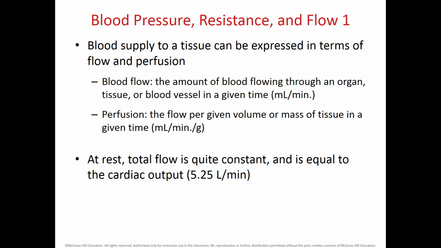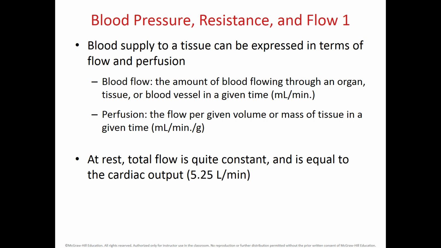And during rest, the total flow of blood is quite constant to the many organs that we have in the body. The cardiac output, which is around 5.25 liters per minute, will provide the blood supply at a constant rate to the different organs in our body.